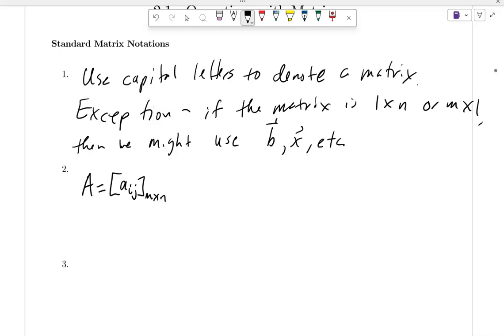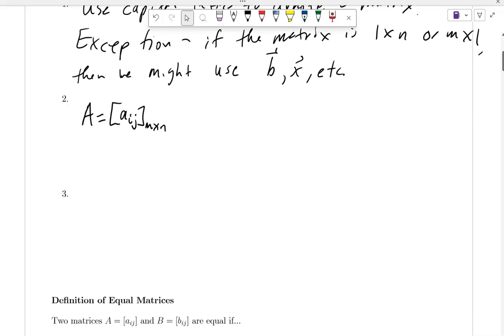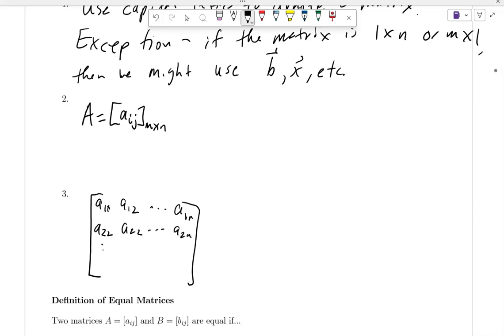All right. Another way you might write it is just actually try to write out the entries, generally speaking. So maybe you'll start with an A11, an A12, go out to A1n. The next one would be A21, A22, go out to A2n, continue down to the mth row.